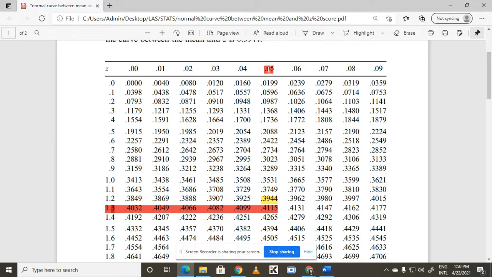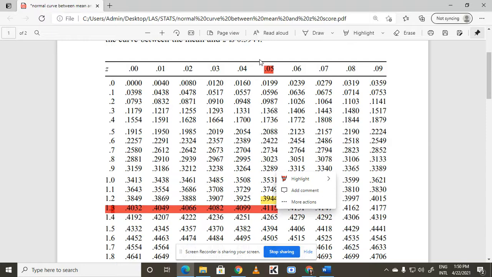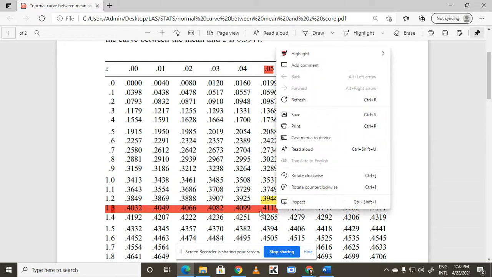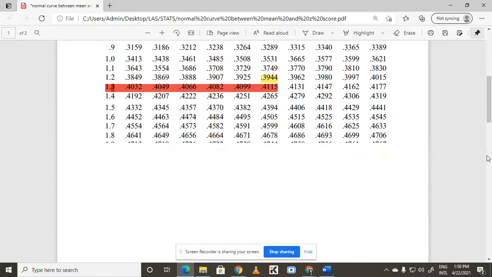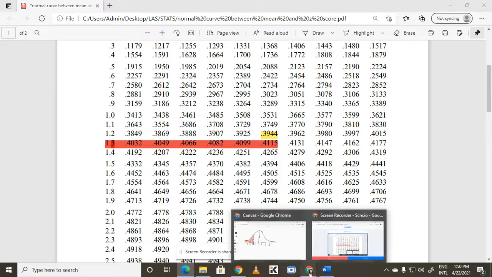Pababa. So, andito yung 0.05. Ang intersection niya nandito. So, the value will be 0.4115. So, kukunin na natin.